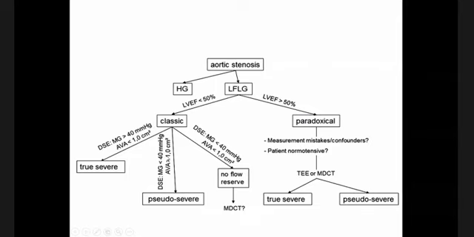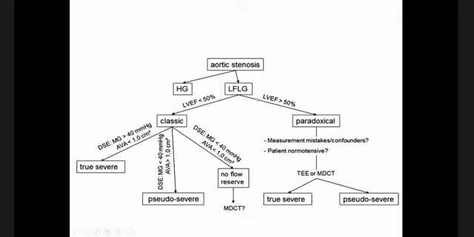If the gradient is not increasing, but the aortic valve area is less, it might mean that the heart does not have any flow reserve, which means even your dobutamine is not able to increase the contractility of the heart. So in which case you have to depend on the other two modalities, which is TEE or multi-slice CT.